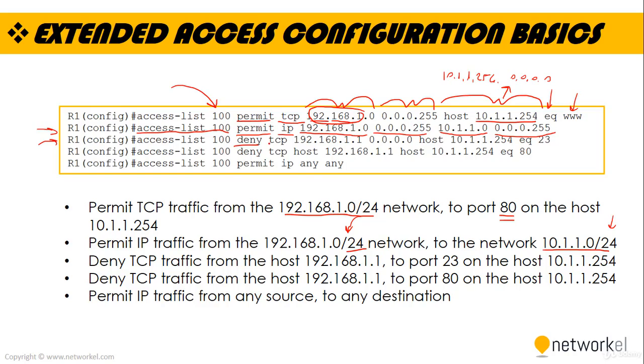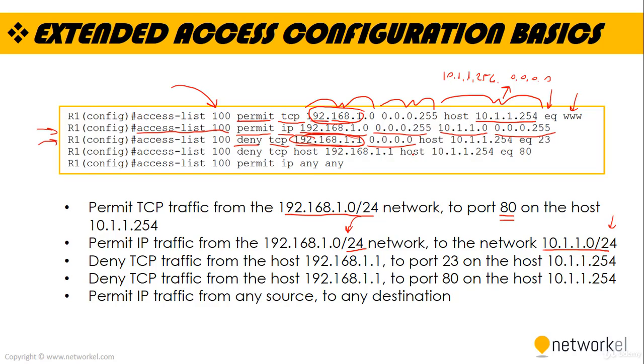Let's go ahead with the third. Deny TCP from the host this time. As you can see, I'm using 192.168.1.1 with the 0.0.0.0 wildcard mask, which means this exact IP address; I'm matching all of these bits.